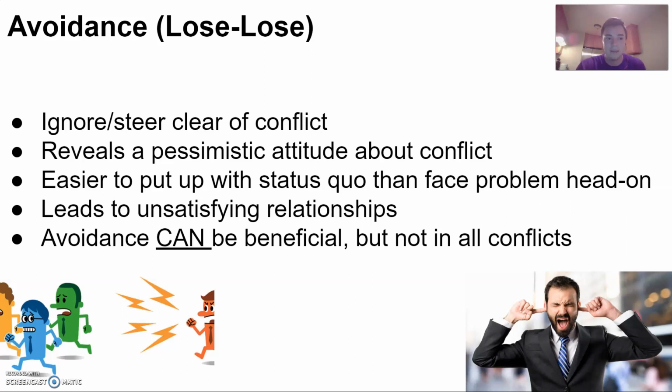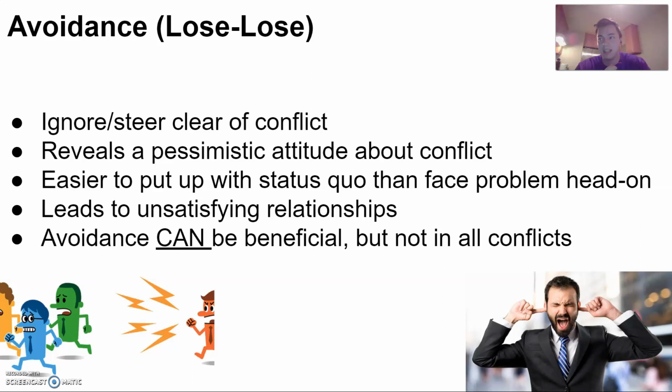This occurs when avoidance style occurs over and over and over again. For example, let's say you have a family member, for example, your mom, and she's nagging you about something that she didn't do, and you choose to avoid the situation that's at hand. Although avoidance can be beneficial, right?